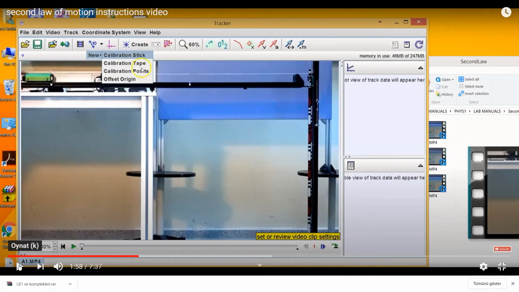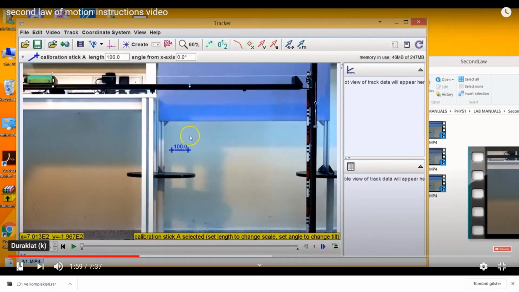Namely, it helps us to determine how much distance is how long. The program scales the distance between these points as 70 centimeters.